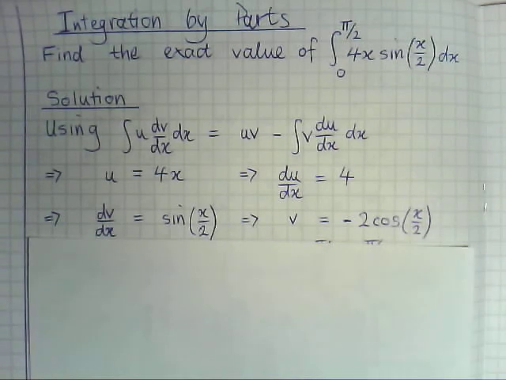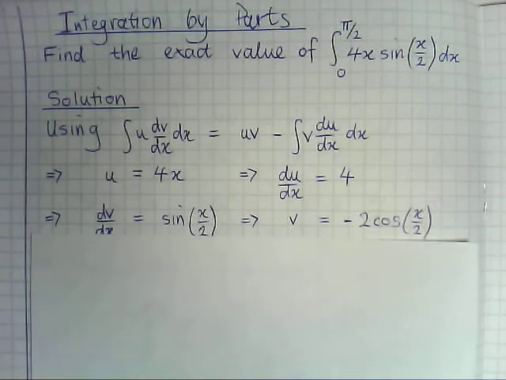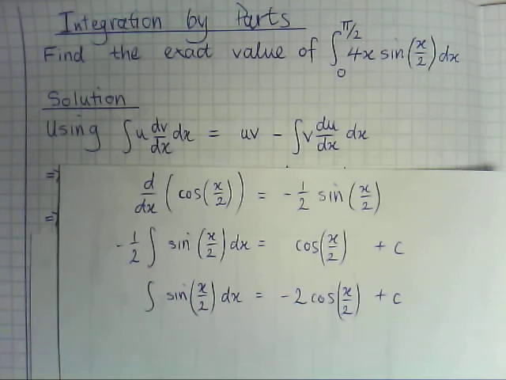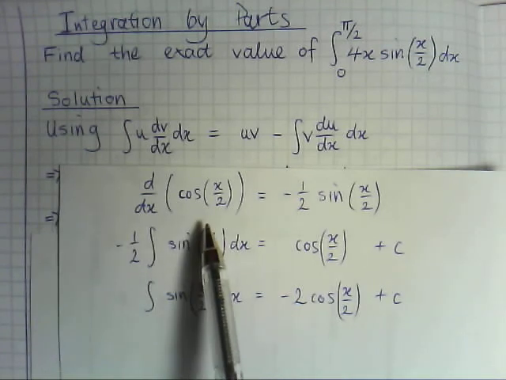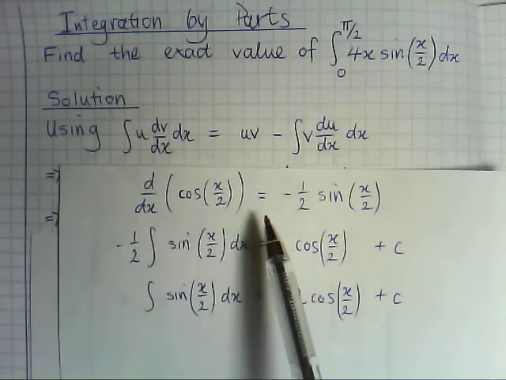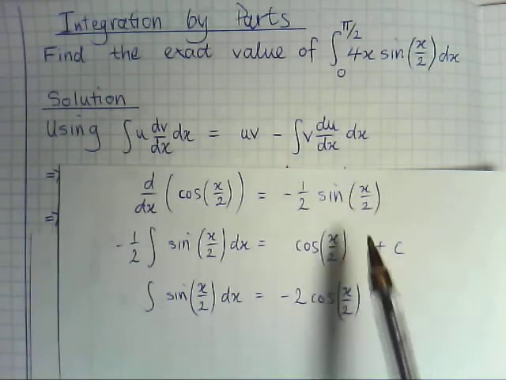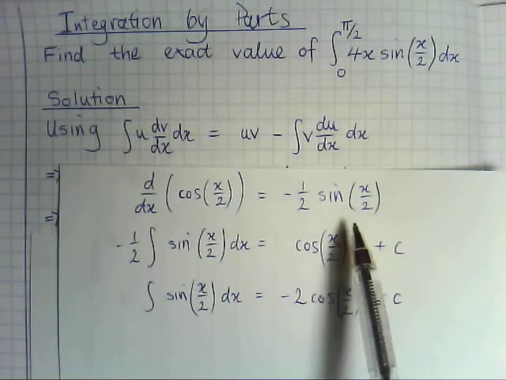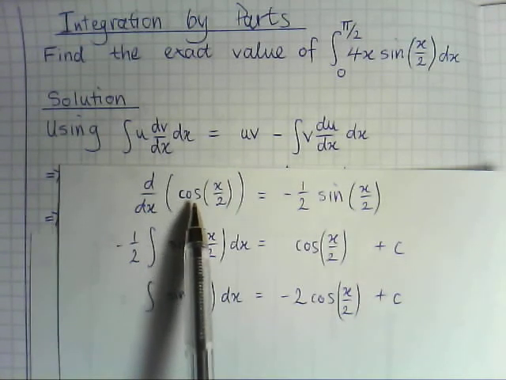cos x over 2. Now, if we think about this carefully, by considering differentiating cos x over 2, we know that we get a negative half sine x over 2, which means if we integrate this, we get back to the original function.